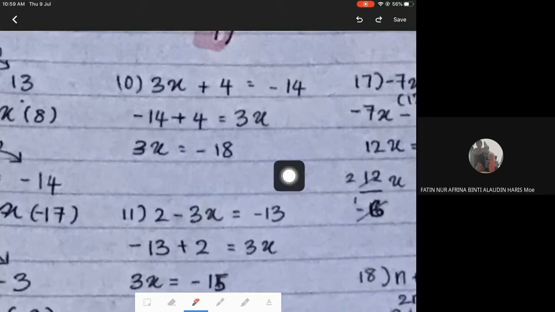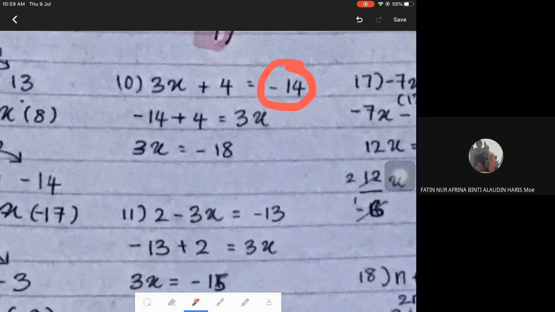So in order to avoid confusion, you must do one by one. Don't jumble up. Okay. So which term you move, that term will have to change the sign.